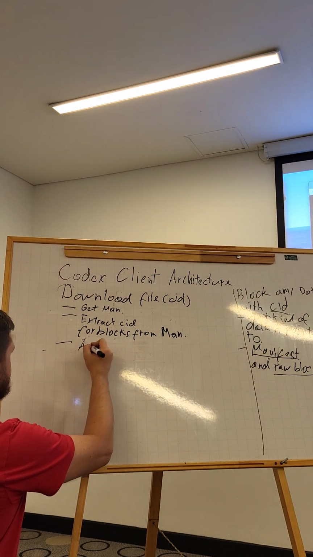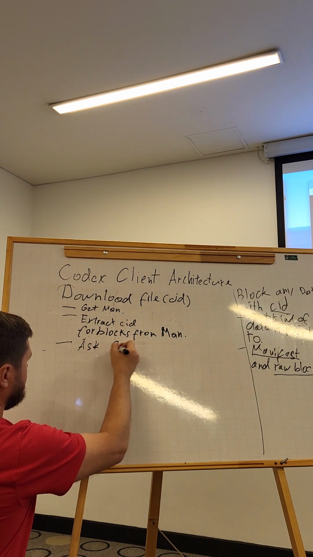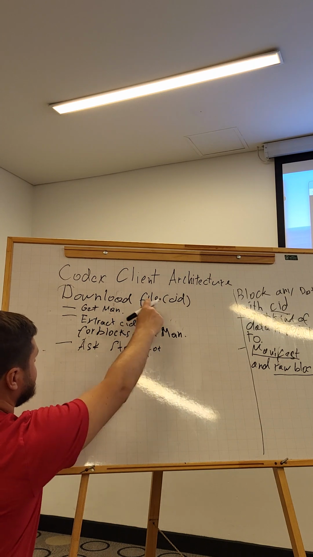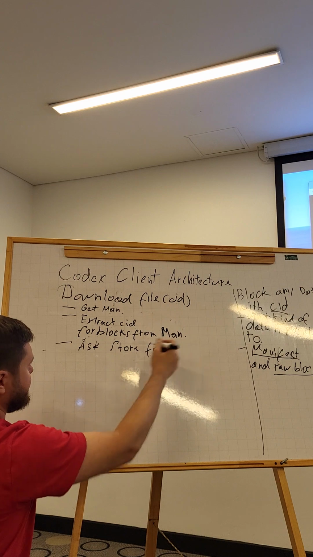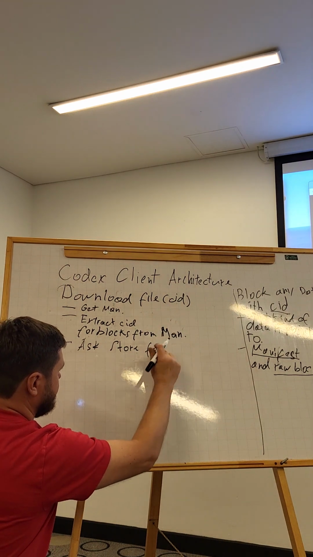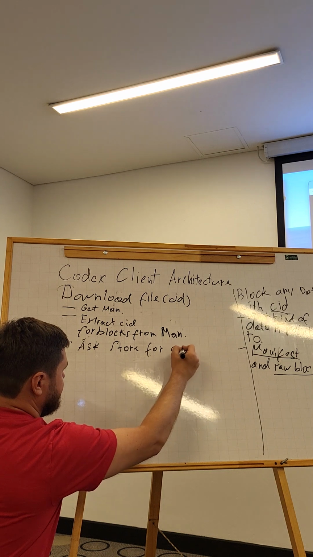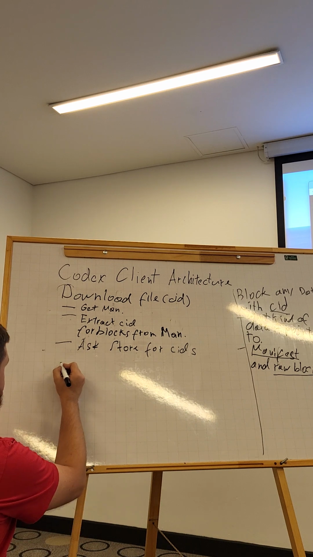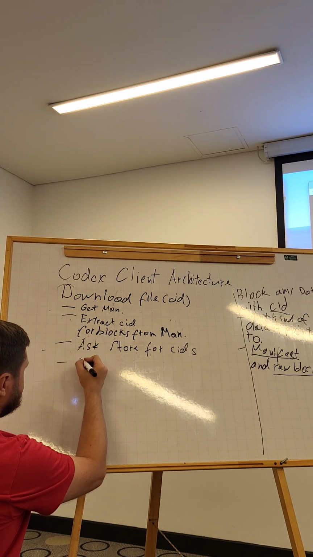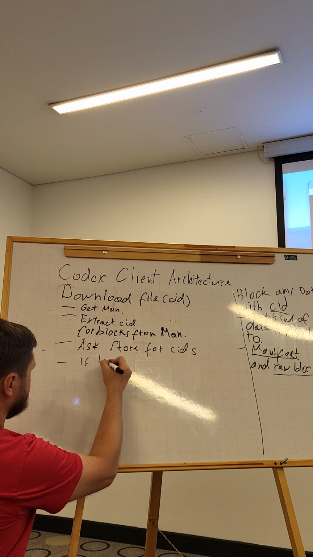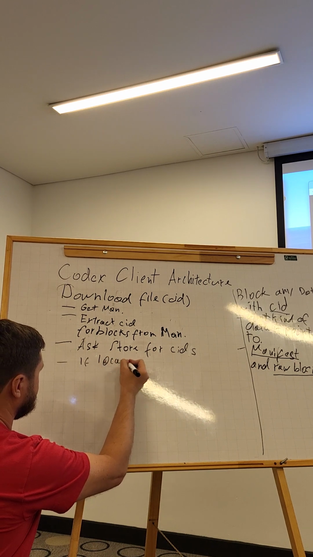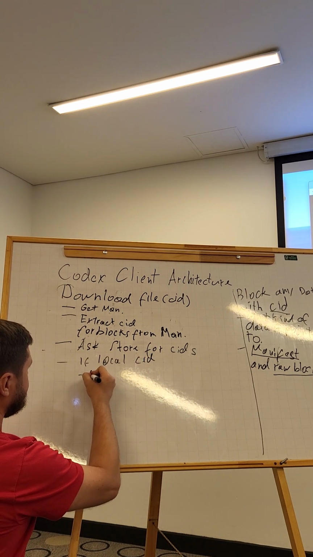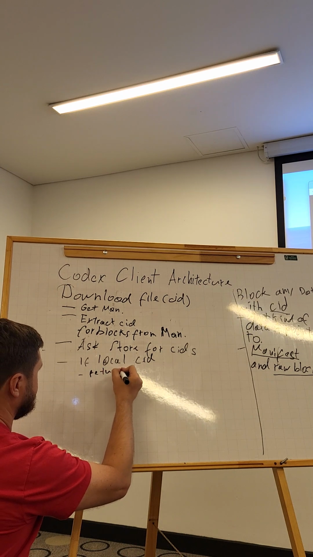Then ask the store for the CIDs. By the way, to download the manifest, you also ask the store, right? For the CIDs. Then the store will do: if locally available, local CID, then simply return it.